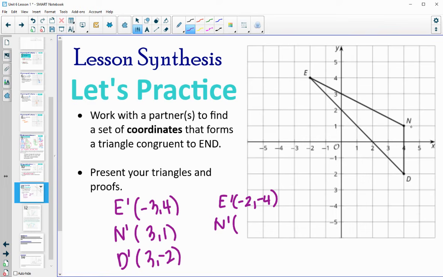If we're going to reflect that, it's 1 above the x-axis, so now we're going to go 1 below. So that's going to be 4, -1. And then D is 4, -2, so we're going to have to do 2 above the x-axis. So instead of 4, -2, it's going to be 4, 2. And obviously there are numerous other ones that you could do. Those are just a couple examples.